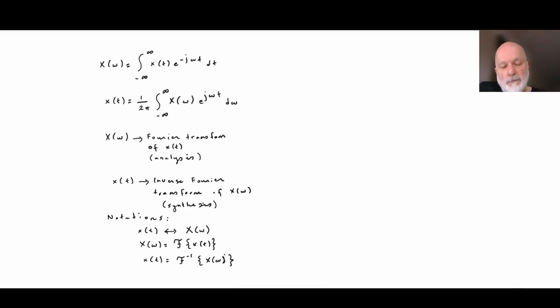So instead of script F, in certain books or articles in the literature, x of omega is shown as FT of x of t. So FT denotes the Fourier transform, and x of t is FT minus 1 of x of omega.